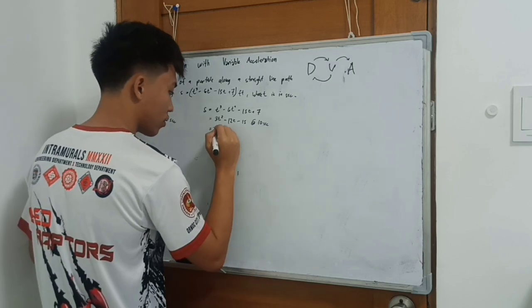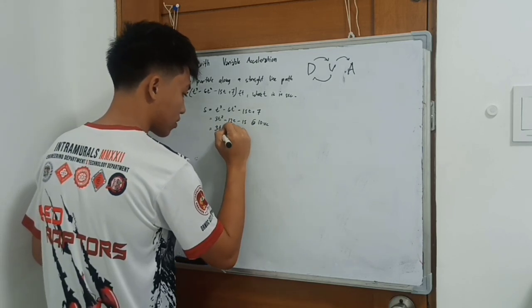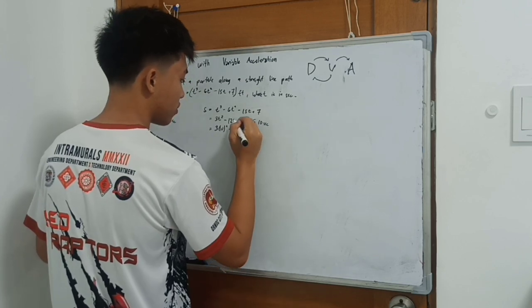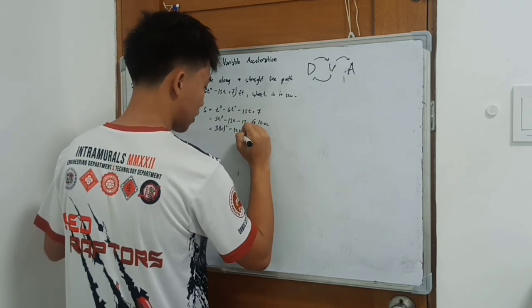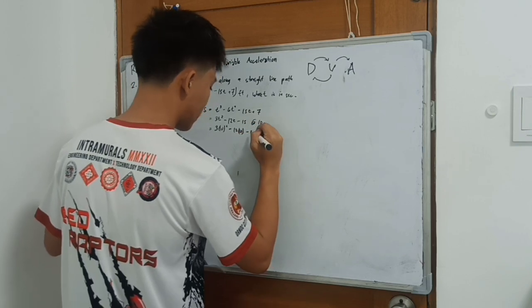So 3 times 10 squared minus 12 times 10 minus 15.